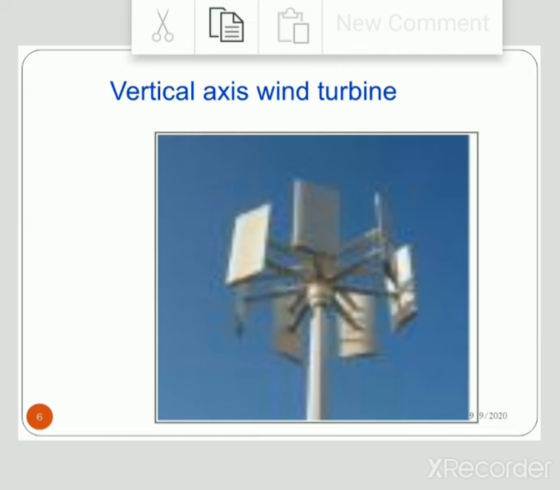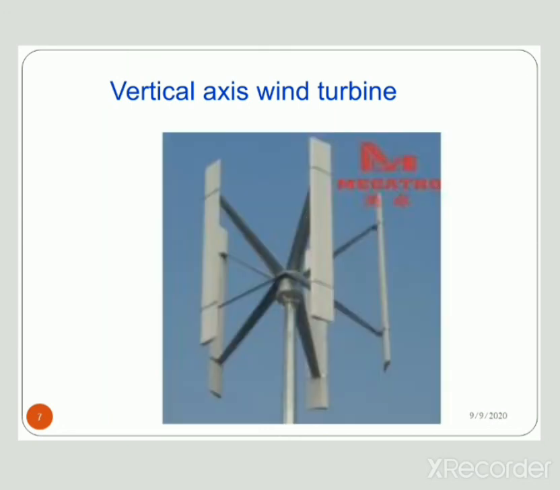The turbine doesn't have to be facing the right wind direction. In the vertical system, air flowing from any direction or speed can rotate the blades. Therefore, the system can generate power in gusty winds and when they are blowing steadily. So, these are the advantages.